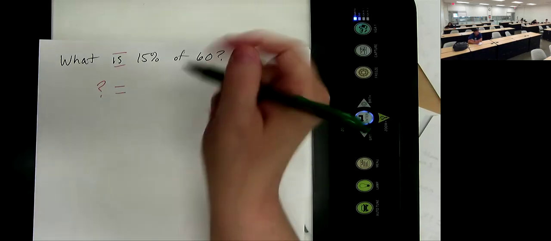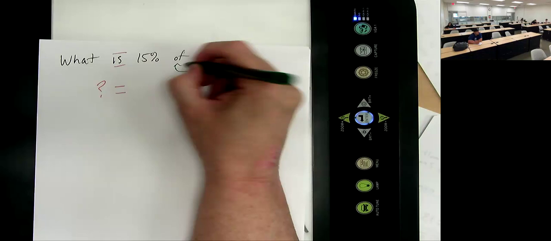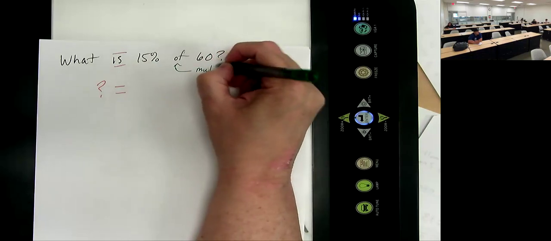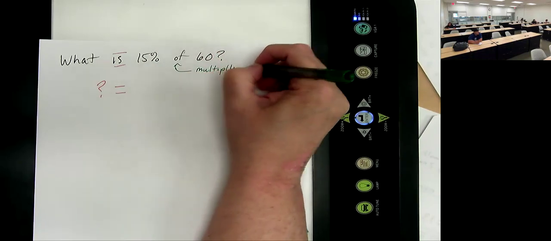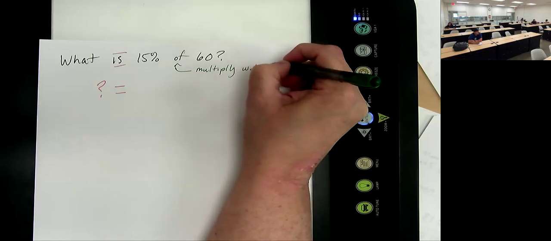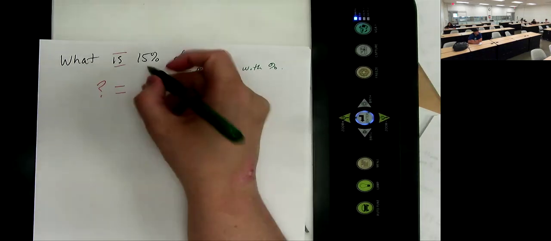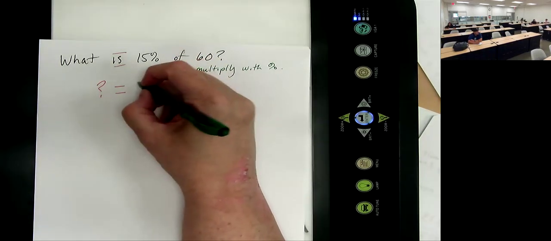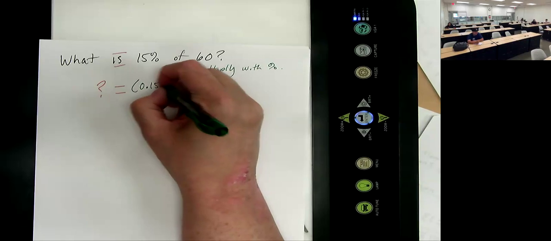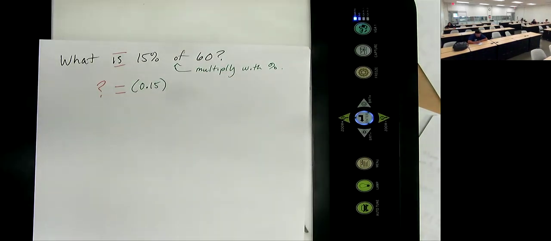When you have percentages, of means multiply. So I'm gonna turn the 15% into a decimal by moving the decimal point left twice.